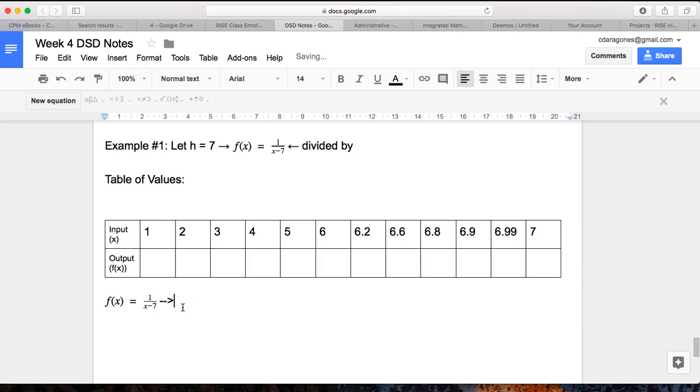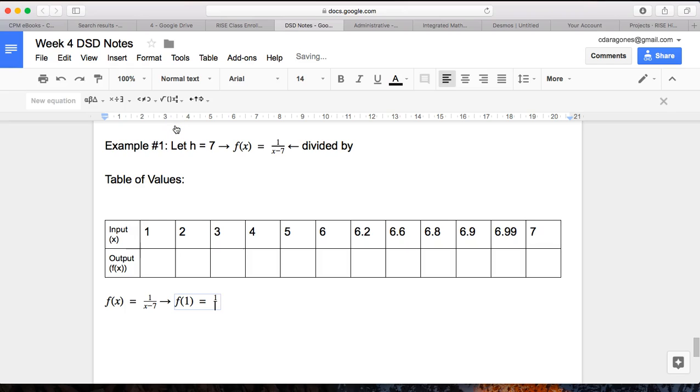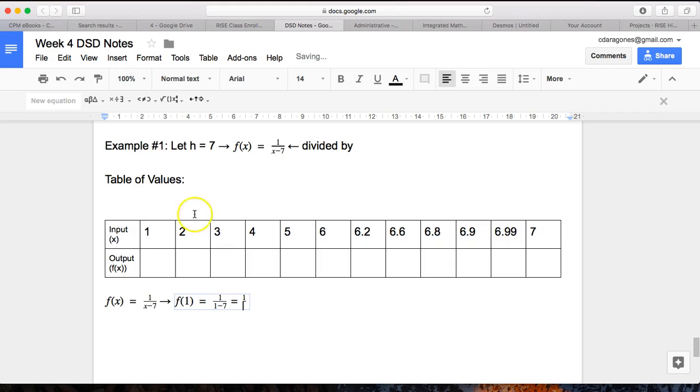So f of 1 is equal to 1 divided by 1 minus 7, right? I replace x with 1 because that's what I'm saying x is. So 1 over 1 minus 7 is negative 6. So our first value is negative 1 over 6.